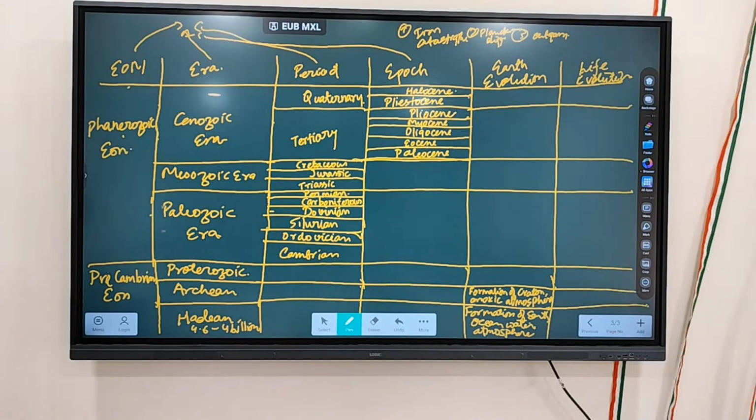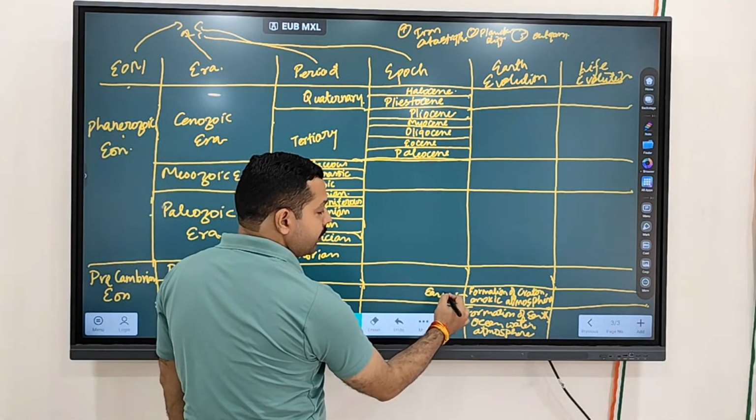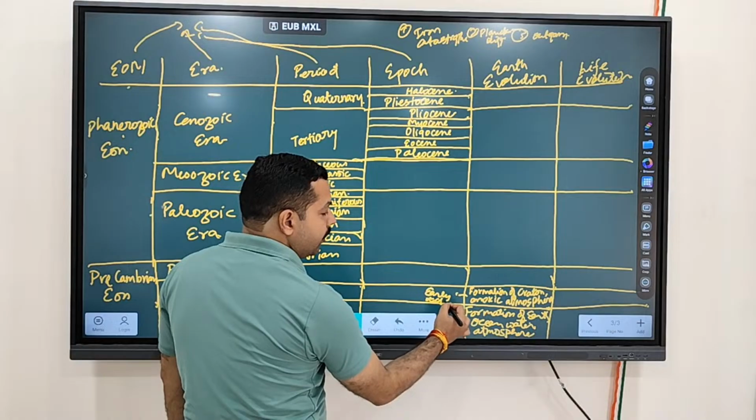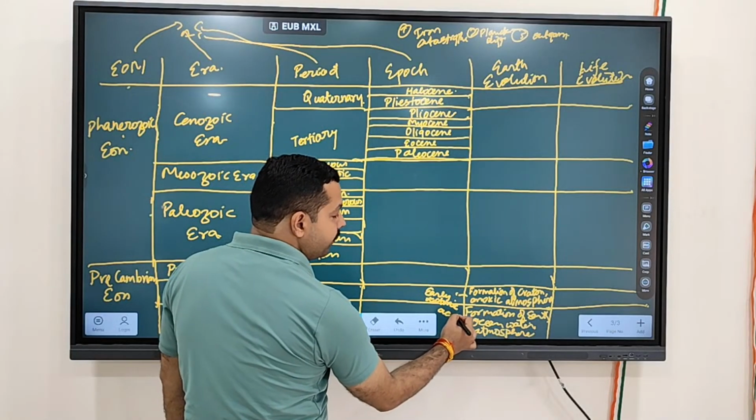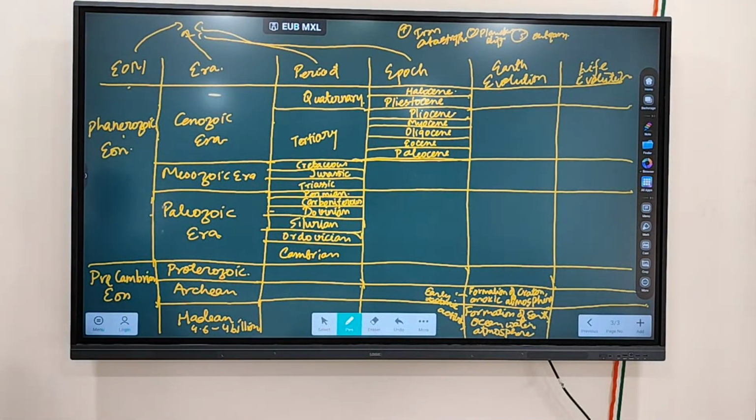Fine. You can also add that early tectonic activity started. Craton, C-R-A-T-O-N, craton. Early tectonic activity is starting in this period.